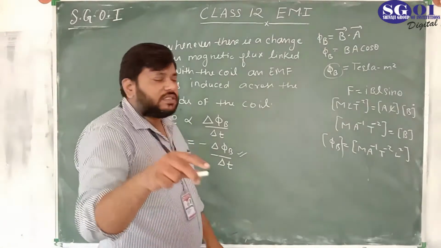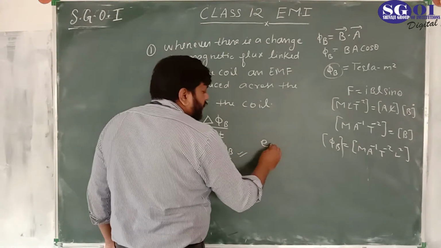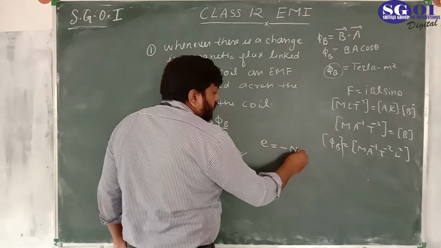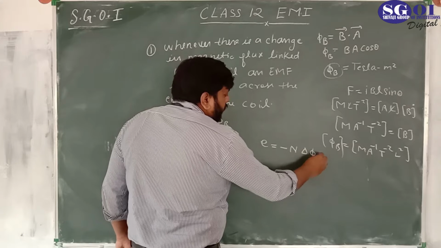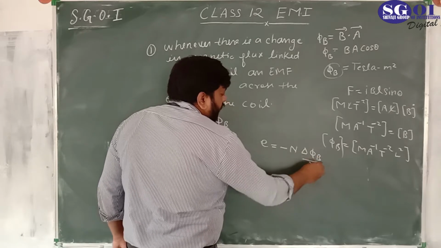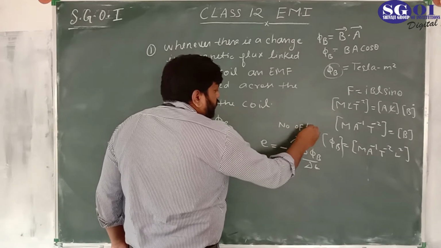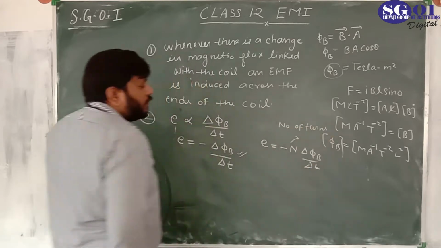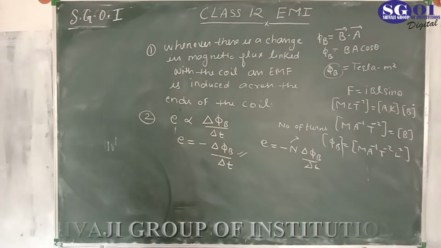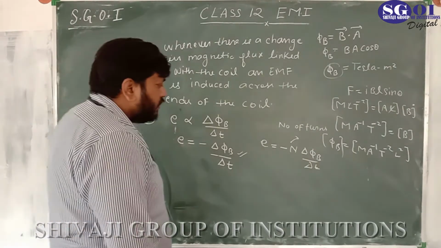If there are n turns in the coil, then the net EMF is minus n delta phi B upon delta t, where n is the number of turns.